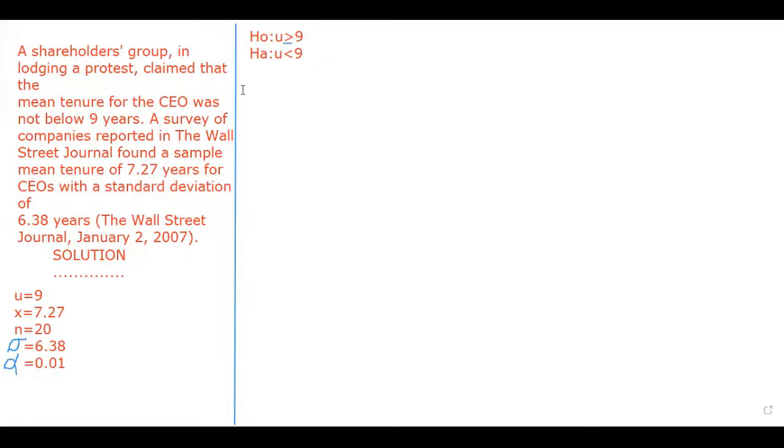Okay, so let's move on to find the T calculated. And by now the formula should be on your fingertips. So it's what? X bar minus population mean, all over standard deviation over square root of n.